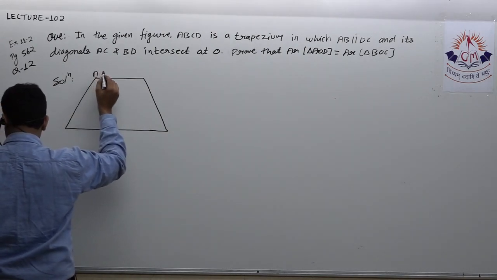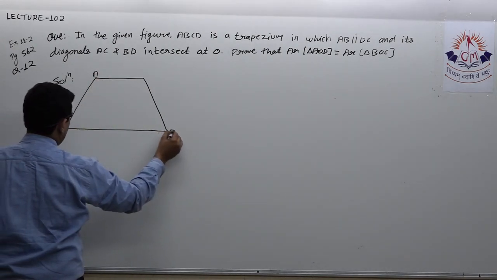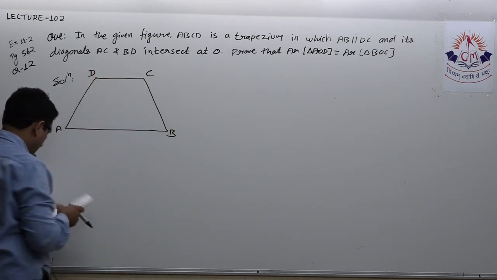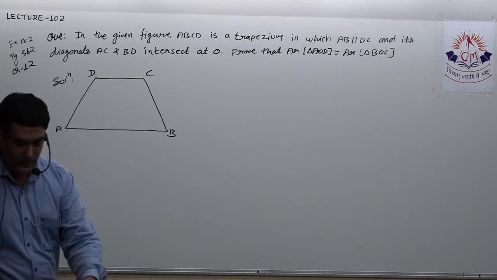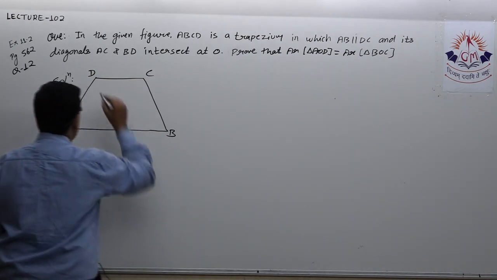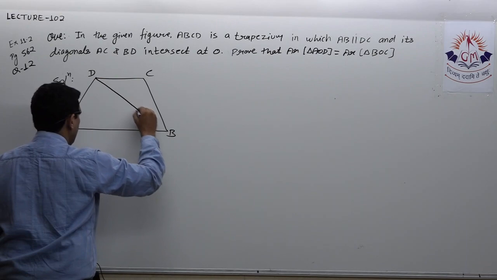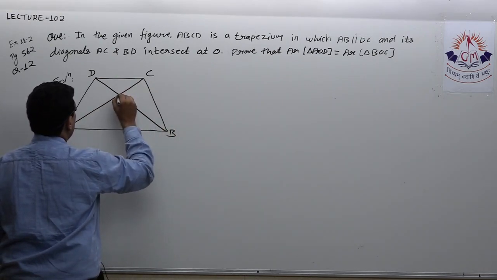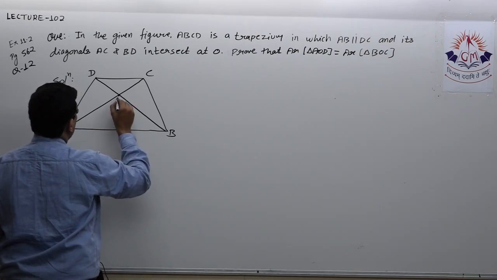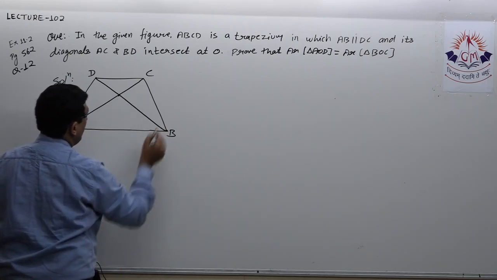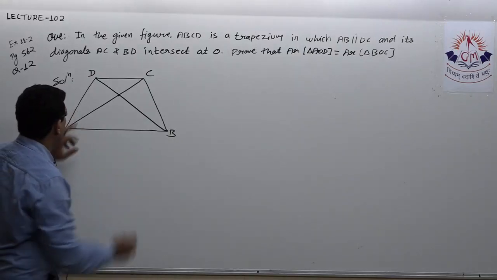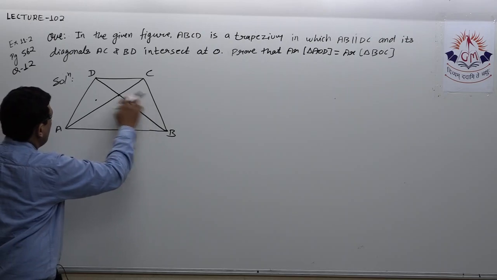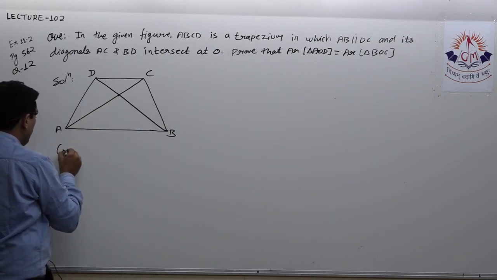ABCD is a trapezium, AB is parallel to CD, and the diagonals BD and AC meet at point O. So we have to prove area triangle AOD is equal to BOC. It's very easy, not that difficult. Let us see how to prove.